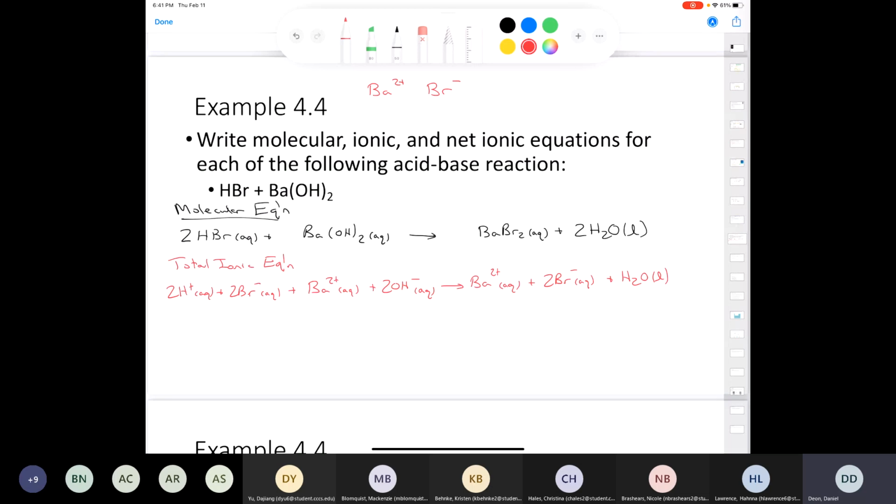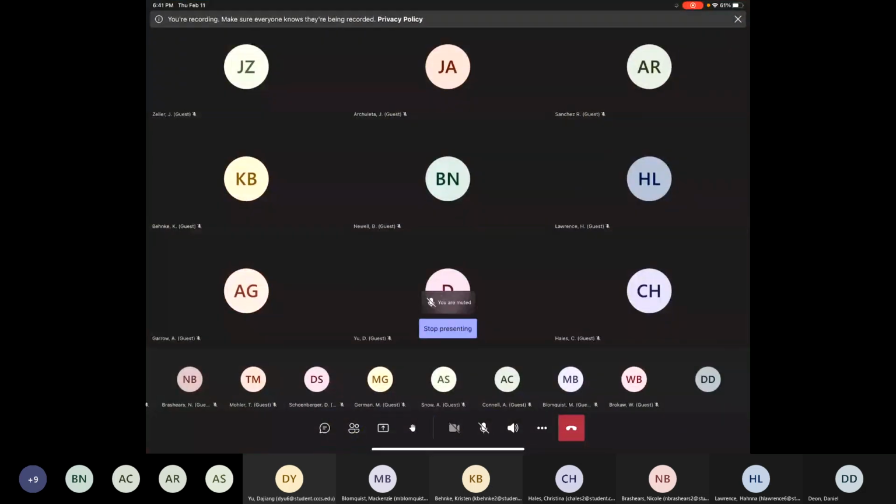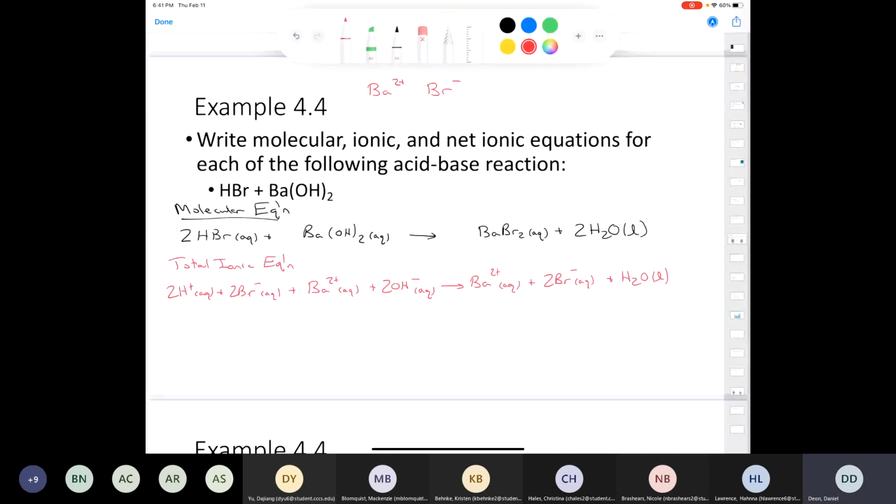Could anybody tell me what the spectator ions are in here? Thanks, Kristen. It's the barium and the bromide. The barium ion and the 2 bromides are the spectators.